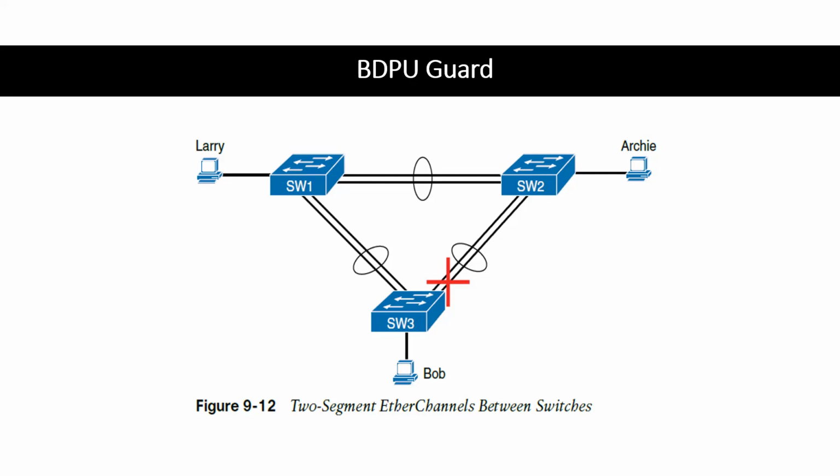Last example is that somebody can just buy a cheap switch, maybe at Best Buy, Circuit City. I don't know if Circuit City's around anymore, but just get a cheap switch, on that switch at the store, not knowing it has spanning tree.